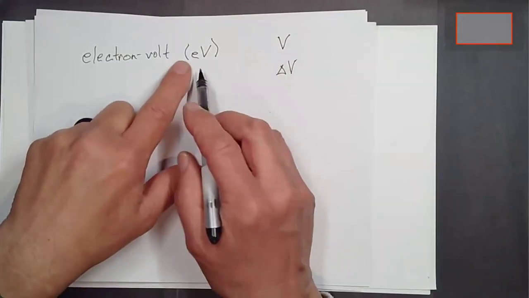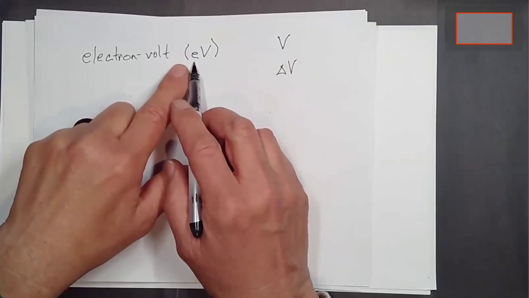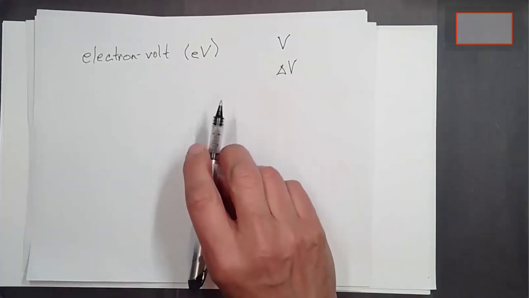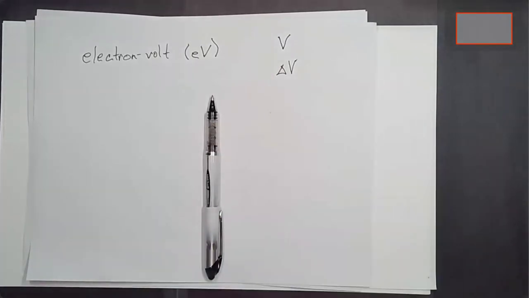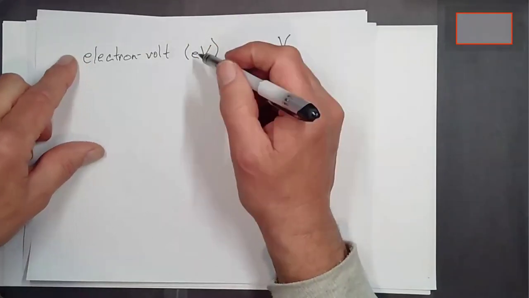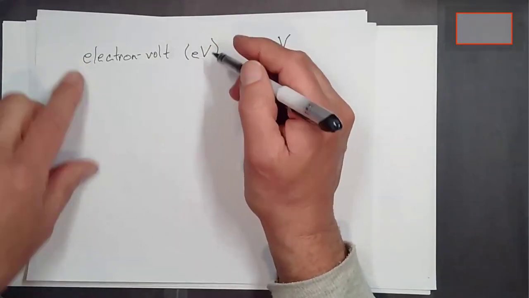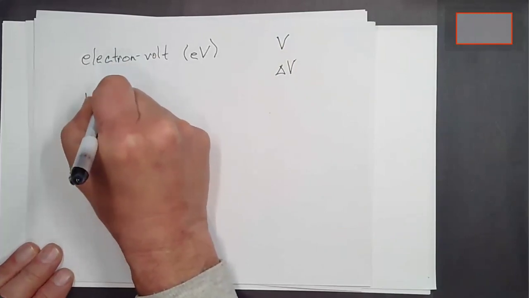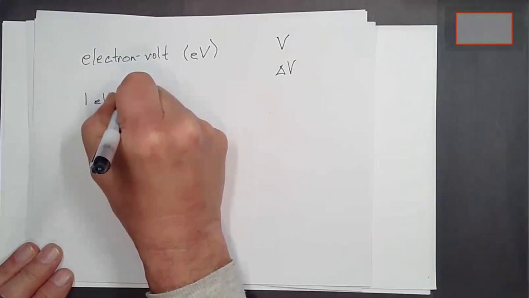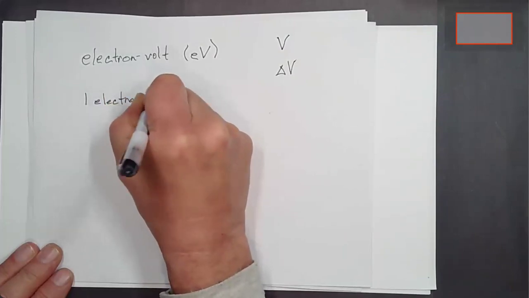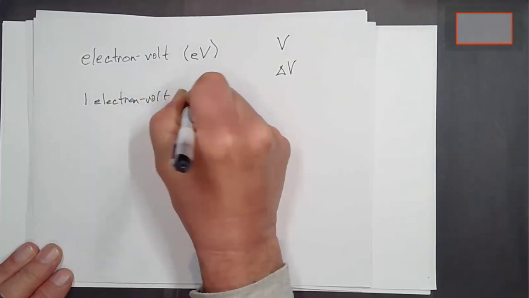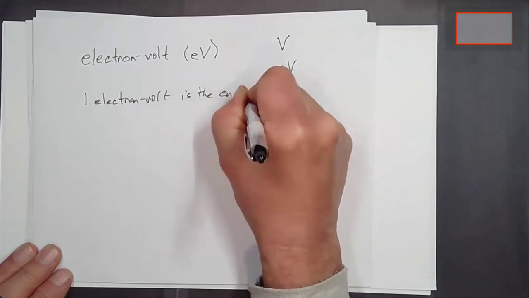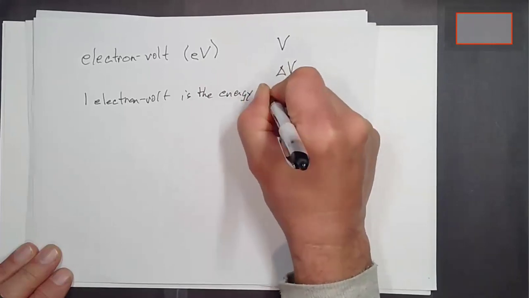But sometimes you just measure the charge in electron charges, and if you multiply that by a potential difference, 5 electron charges or 3 electron charges, you automatically get units of electron volts. And here's what the electron volt is. 1 electron volt is the energy acquired.